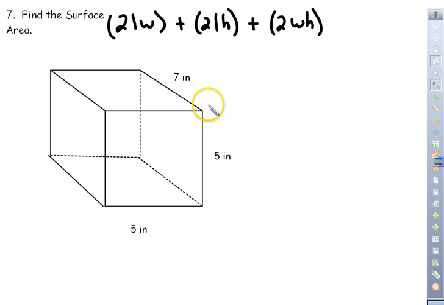So my length, and what we need to do first is label these. We can look at the top or the bottom, it doesn't matter which. This would be my length, so put an L. My width would be this line, which is 5, so we can make that my width. And my height, how tall it is, an H. Now, ultimately, it doesn't matter how you label them.